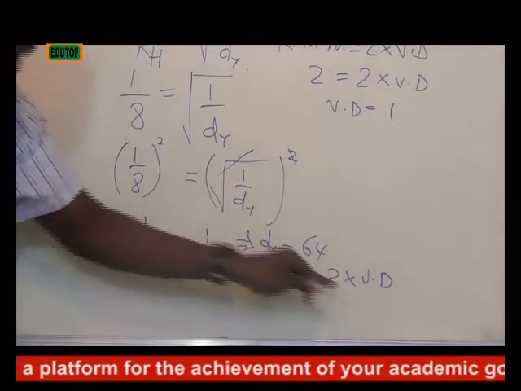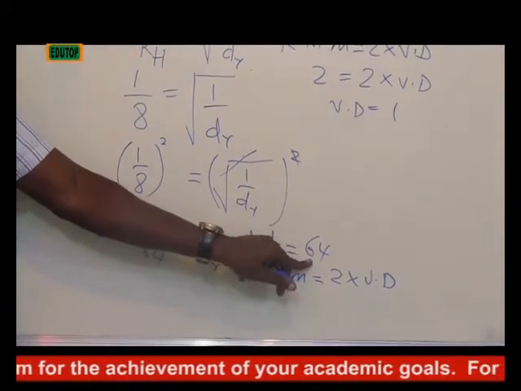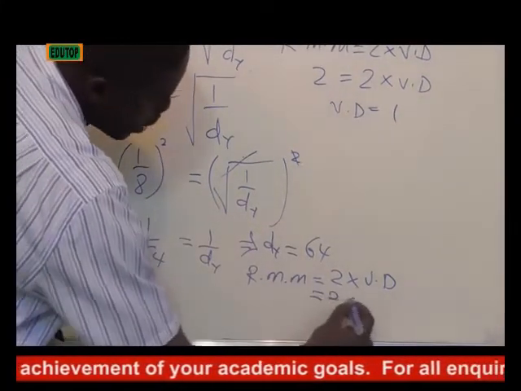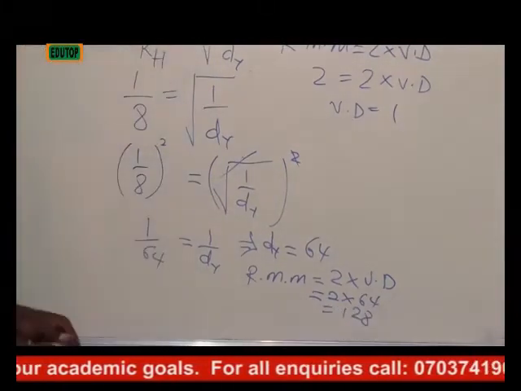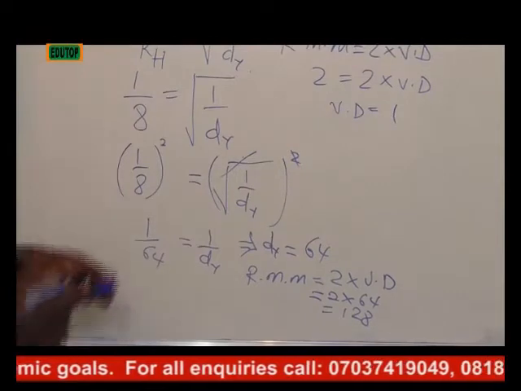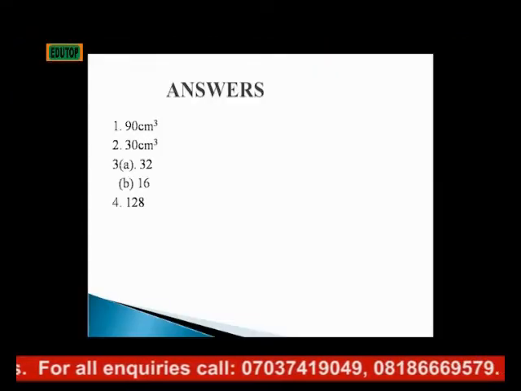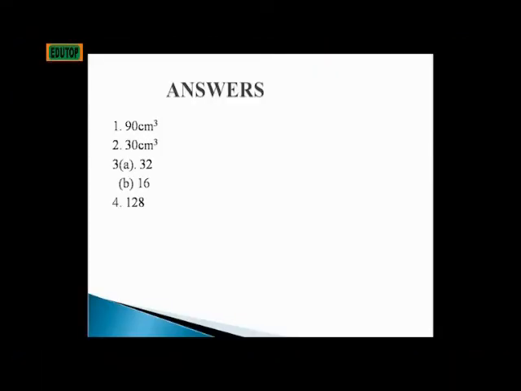The vapor density has been calculated earlier, which is 64. Automatically, it will be 2 times 64, and that gives us 128. Hence, the relative molecular mass of gas Y is 128. That is the answer to question number 4.